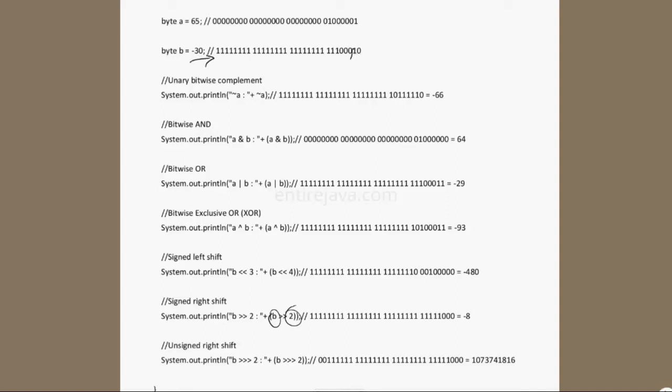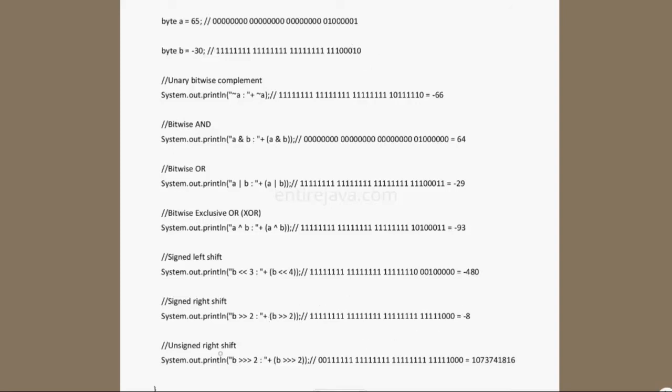So these two would spill over and disappear, and we get two empty locations here. And those empty locations will be filled with whatever is there in the most significant bit. So in this case it's 1. And that's exactly what we have here.